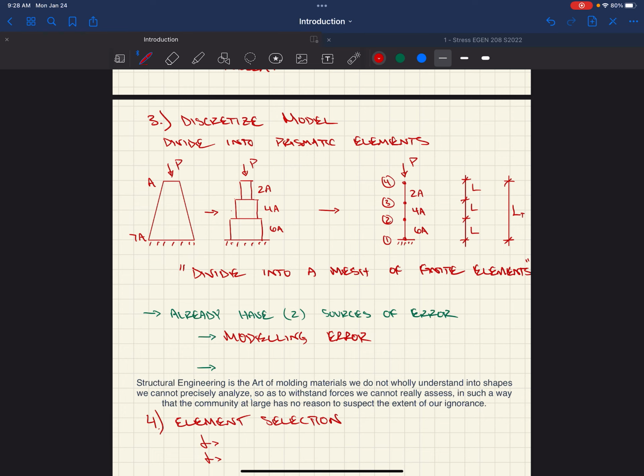And then again, when we start with our model, we jump to our finite regions, or our discretizing. So we get discretization error.